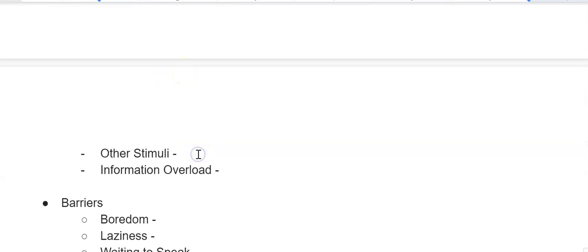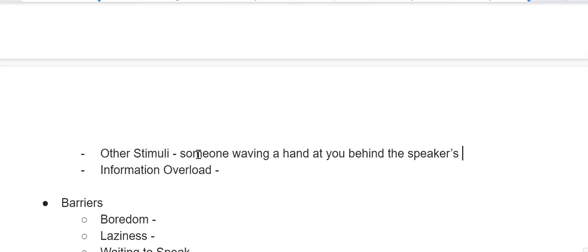There could be some other stimuli as well. Maybe someone waving a hand at you behind the speaker's back, and it's throwing you off. Something is happening behind that speaker, and you're having a hard time listening just because there's other stimuli.